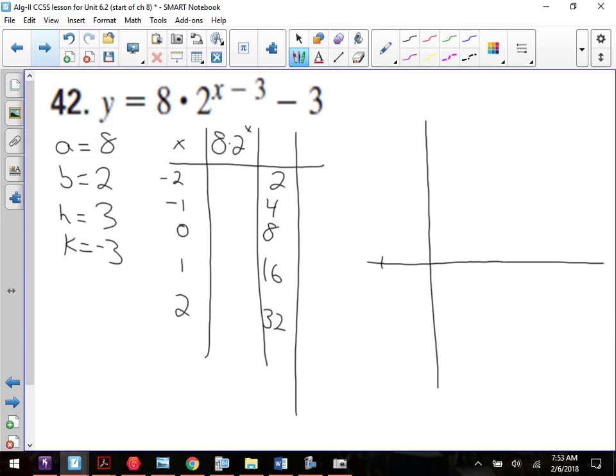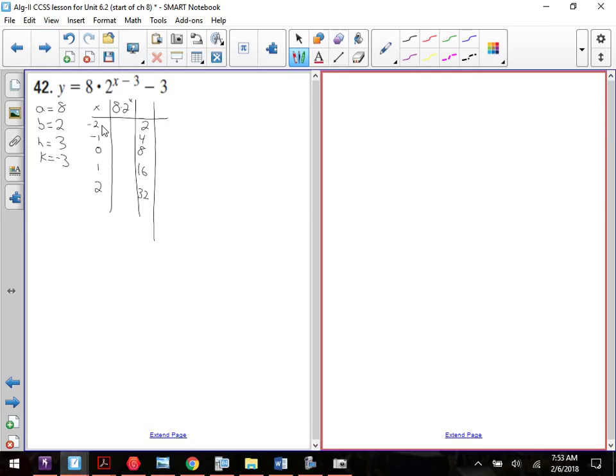So at negative 2, we were at 2. Negative 1, we were at 4.